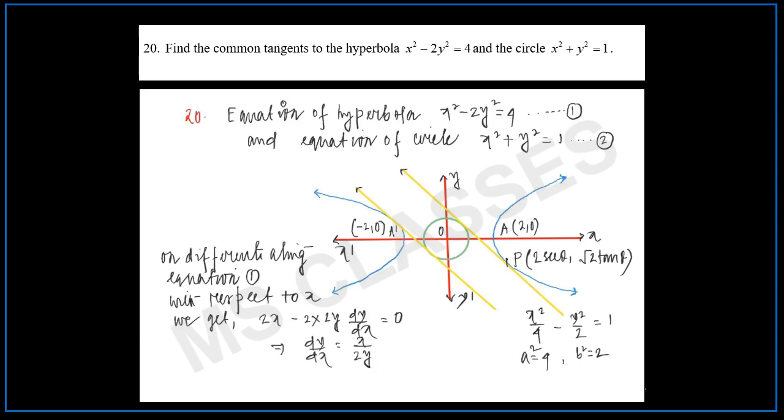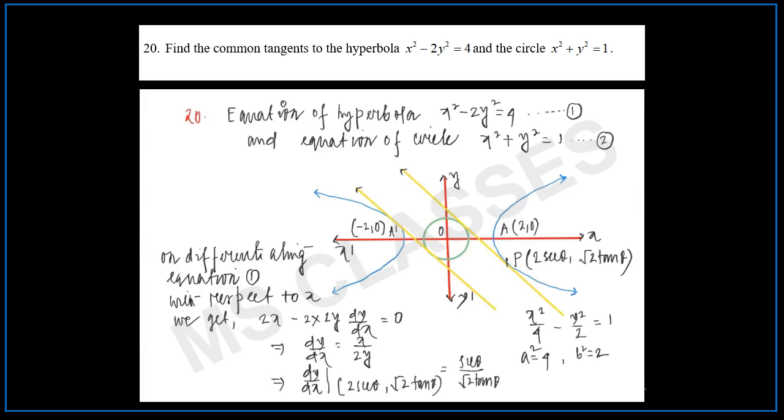Now for the slope of the tangent, we can put in the point of contact. So this gives us dy/dx at (2 sec theta, root 2 tan theta). We get this as sec theta by root 2 tan theta.